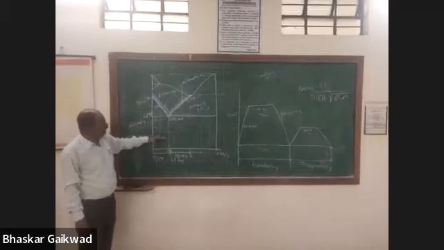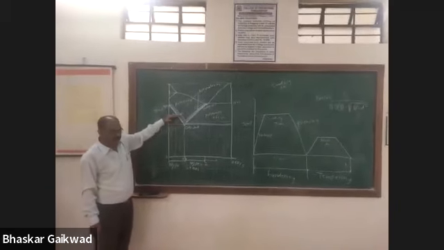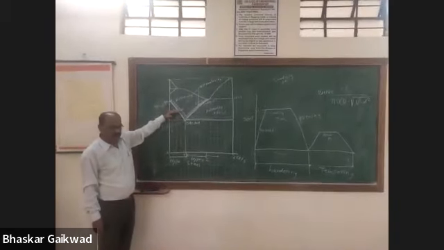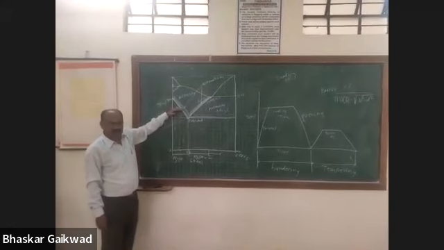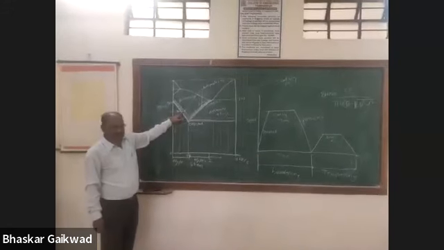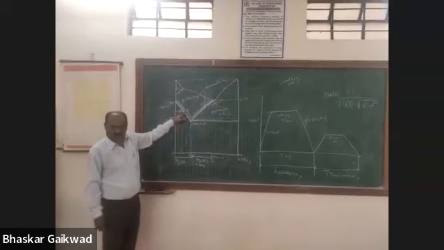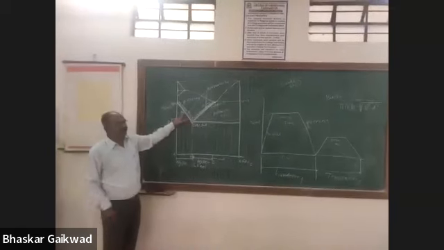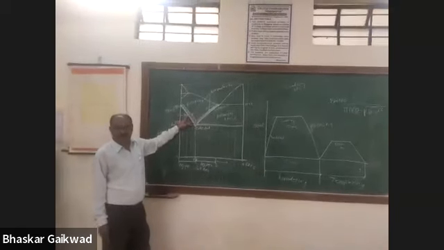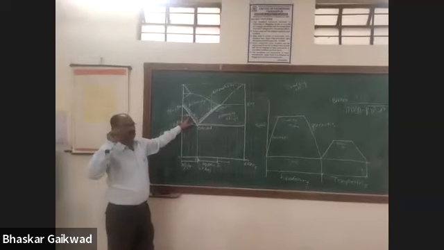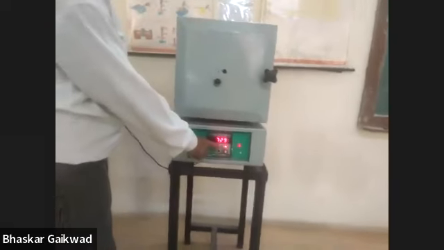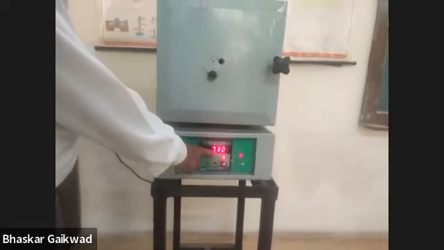So you heat this component above A3 up to 50 degrees centigrade, means if 800 is here, you heat it to 850. Then you keep the temperature constant, as we have adjusted here, for 1 hour or 2 hours depending upon the process.